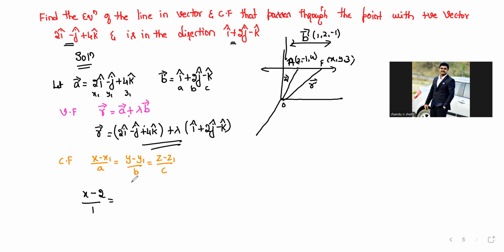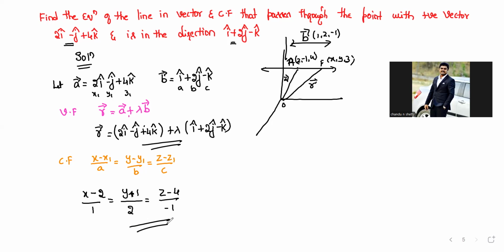It is equal to y minus y1, the value is minus 1, the j coefficient, minus into minus plus 1, clear, by b value 2. It is equal to z minus 4 by minus 1. This is the Cartesian form equation. Clear. These problems they ask for 2 marks. Clear, all of you?